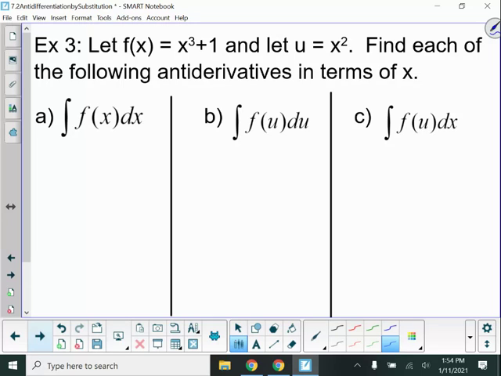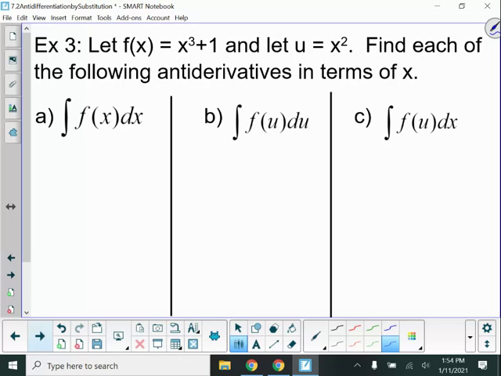Part B is f of u du, so that would be the antiderivative of the u function with respect to u. And then C is f of u dx, so you're using a u function, but you're taking the antiderivative with respect to x. And you'll see all 3 of these are actually going to give us very different answers.